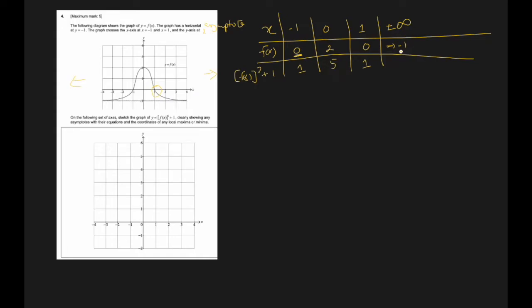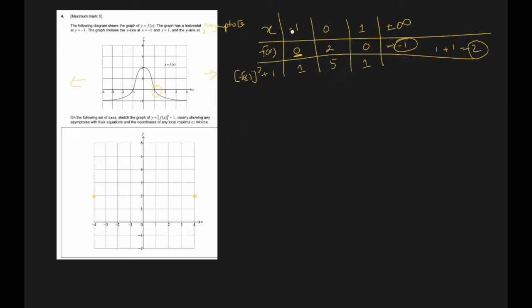Whatever we square and add +1, (-1) squared will be +1, and +1 again. That means our graph will end at y equal to 2 in both directions. So y is equal to 2 here, so it will be going somewhere here, not exactly 2 but approaching this.